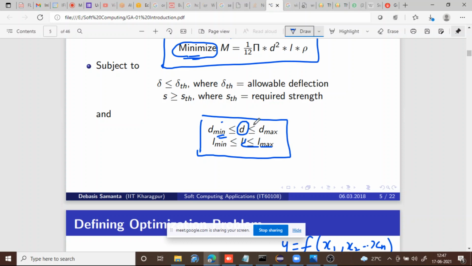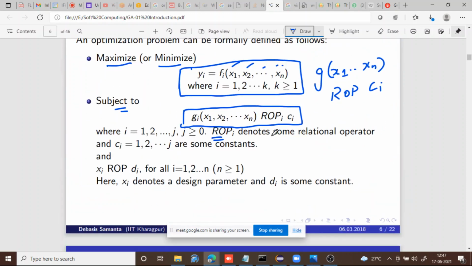These less than or equal to signs are nothing but relational operators. So these constraints will normally be operated using some relational operators. That is what ROP says: it is a relational operator.